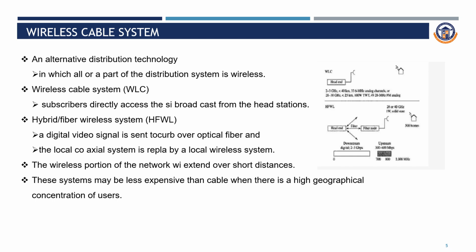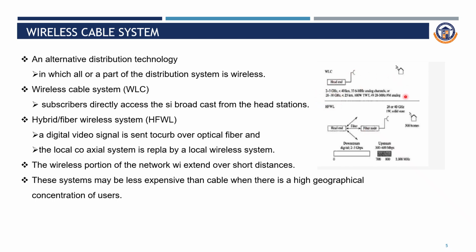This is the wireless cable TV system. In a wireless cable TV system, there is no optical cable or coaxial cable to connect. All those signals will be connected to hybrid fiber wireless systems. Here, digital video will be sent over the optical fiber, and the local coaxial cable will be replaced by local wireless systems.